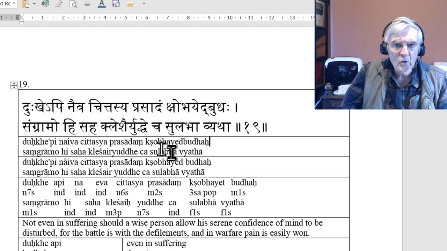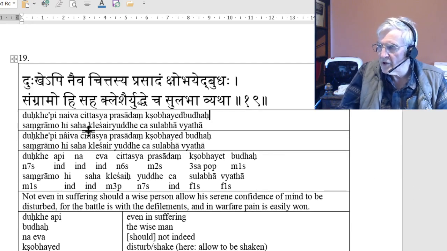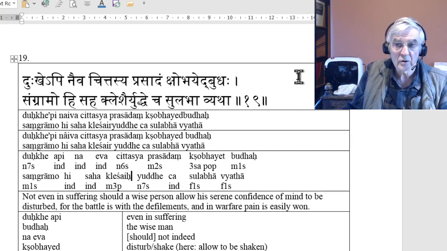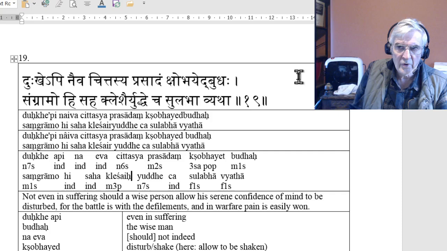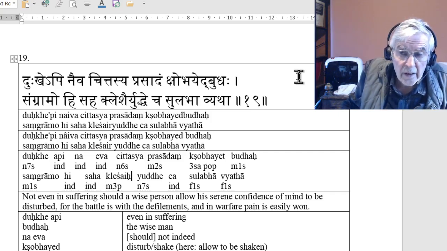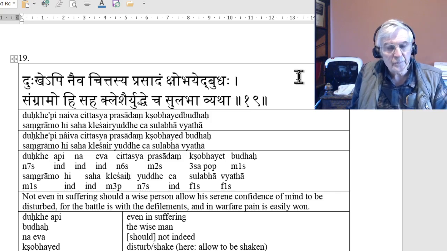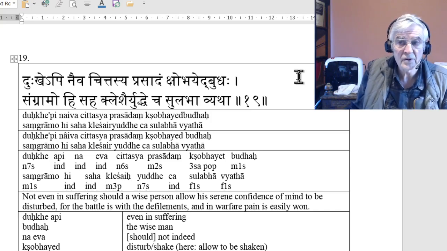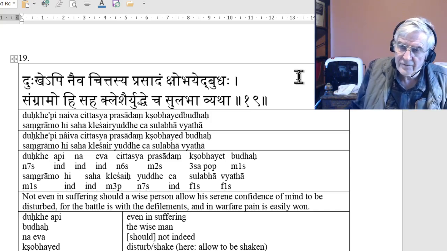So saṅgrāmo hi saha kleśaiḥ. Now this is saha, with, kleśaiḥ, instrumental plural, because saha, with, takes the instrumental. Usually saha is a postposition rather than a preposition. You'll more often than not find it coming after the word it qualifies.